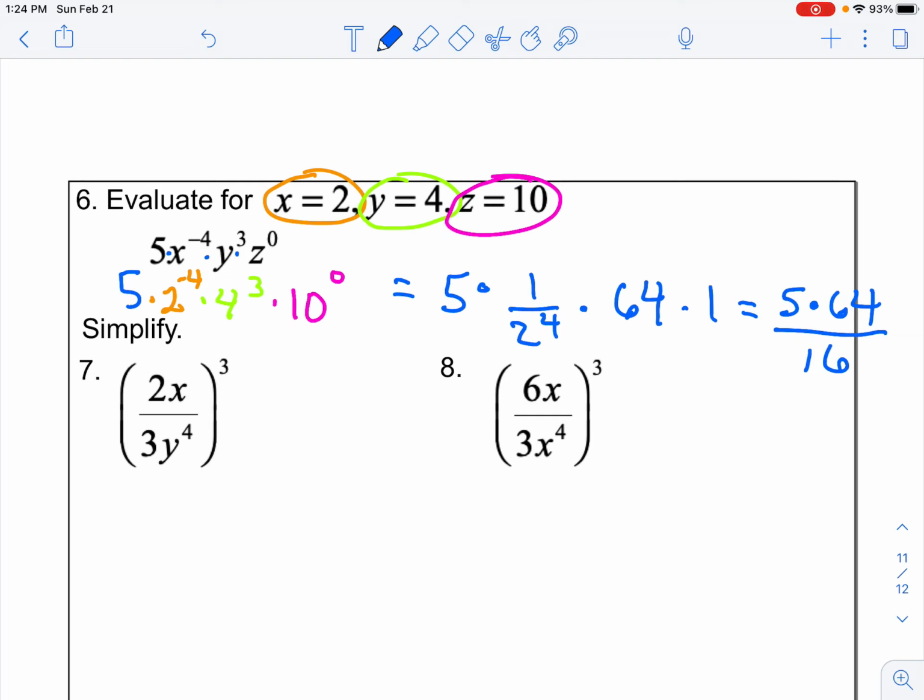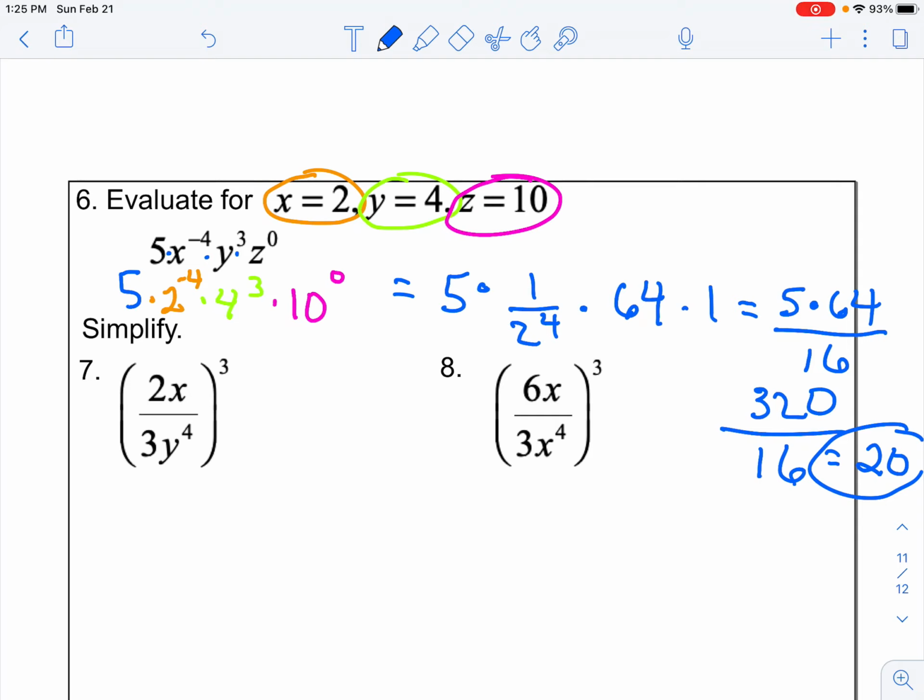You get 5 times 64, which is 320 over 16. And I believe 16 does go into 320, so now I'm going to divide that by 16, reduce my fraction, and this becomes equal to 20, or 20 over 1. Okay, that was just question number 6.